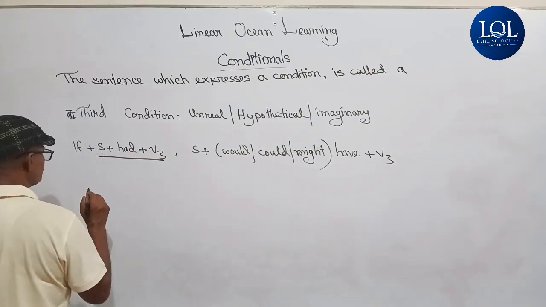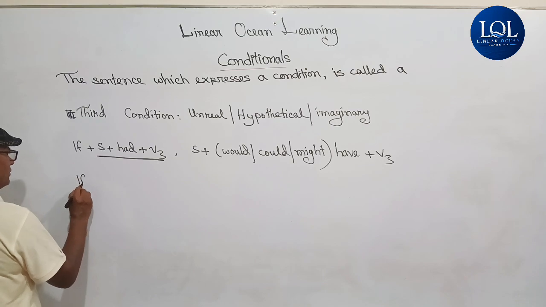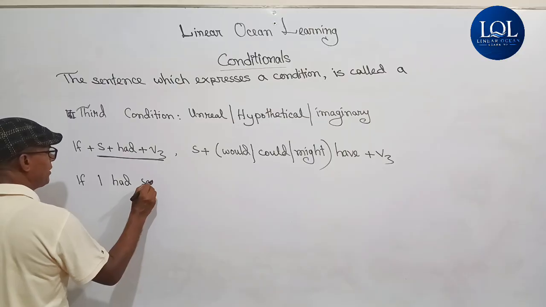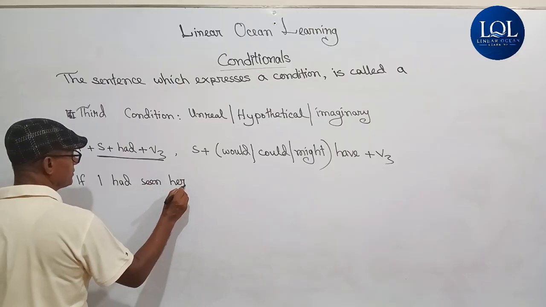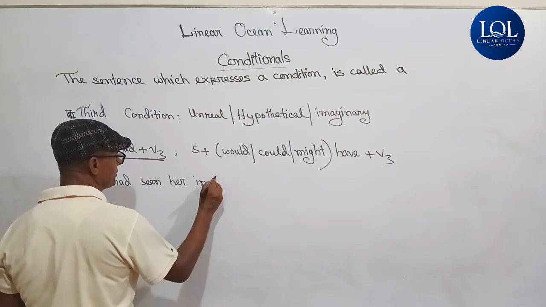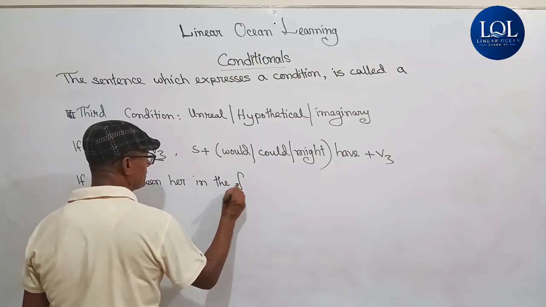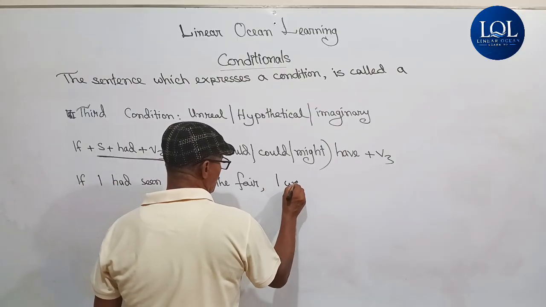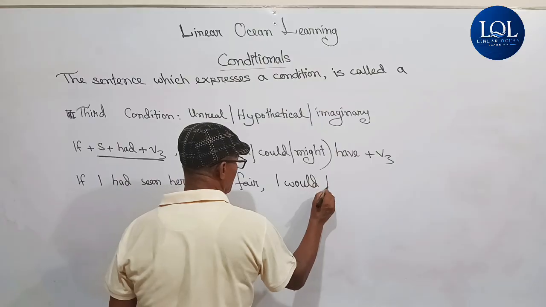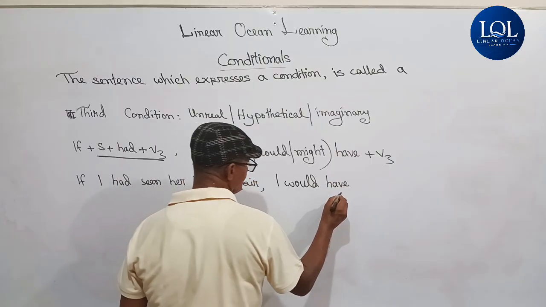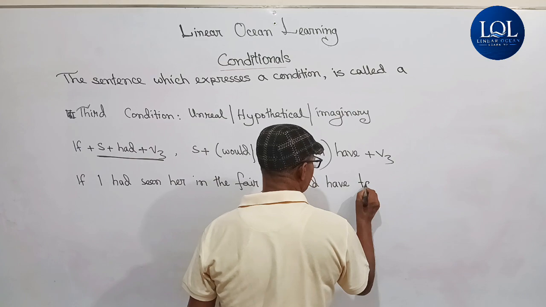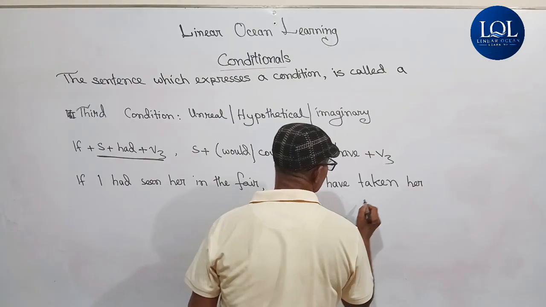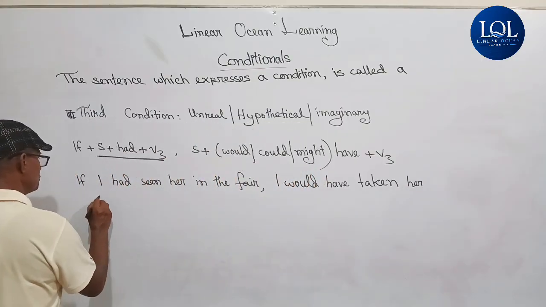Example, if I had seen her in the fair, I would have, or I could have, I would have taken her to our house.